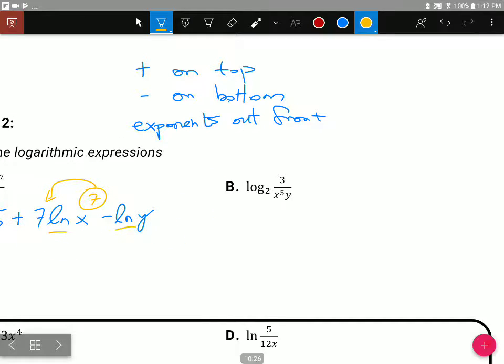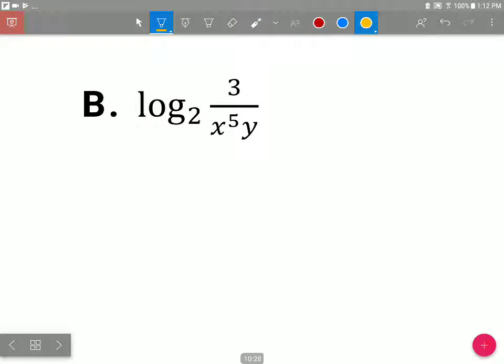All right, letter B. Let's start with the top. First things first, let me ask you this. How many logs do you think we're going to break this into? Anyone want to guess? 2, 3, 4, 1, what? 3. One for the 3, one for the x, and then another for the y. Good. So we've got log base 2 of 3.